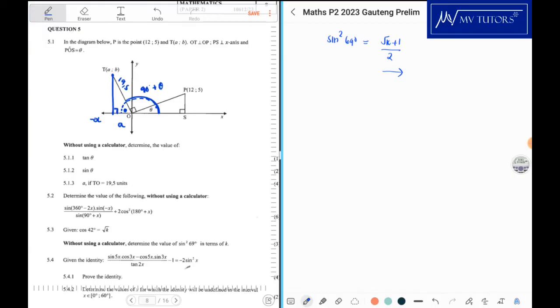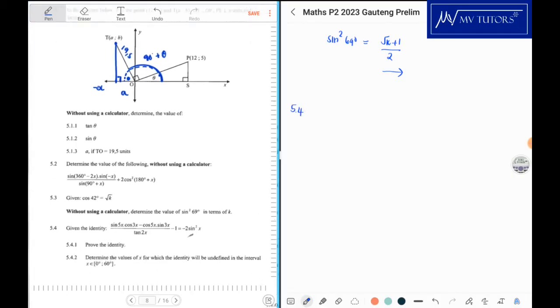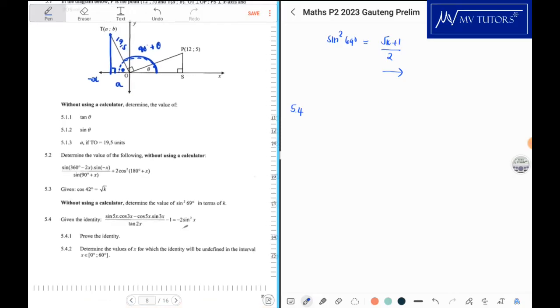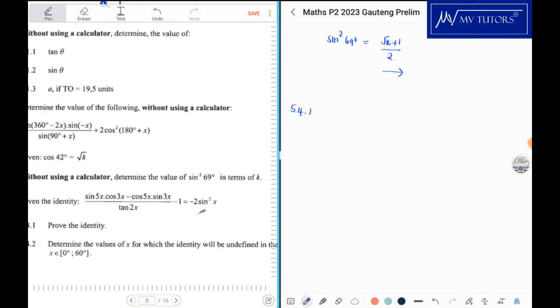Okay, and now let's go to 5.4. It says, given the identity, prove the identity for 5.4.1. We normally prove the left-hand side being equal to the right-hand side. The most complex side, rather work with that to get to the least complex.